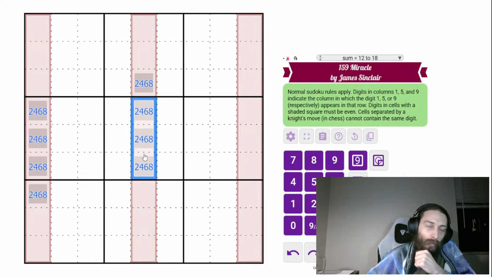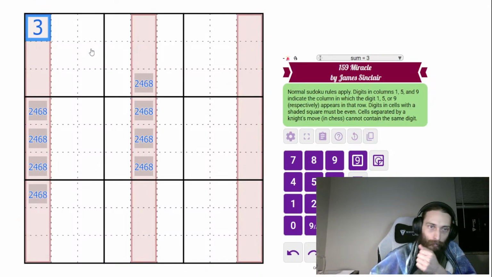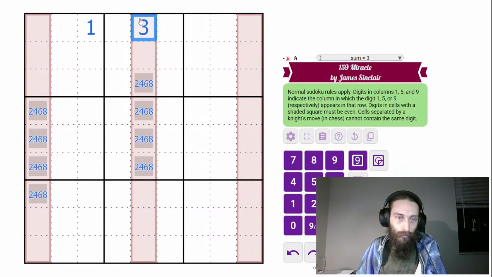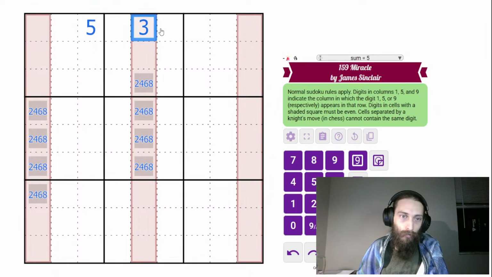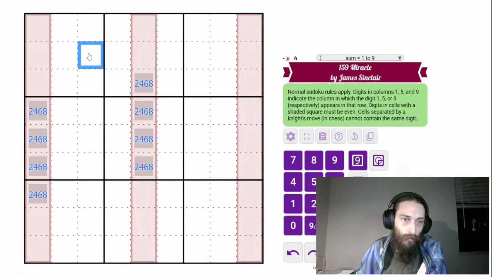Well, one of the things that I know about the 159s, which I guess if I place a 3 here, I would place a 1 here. If I move that 3 over to this column, that would place a 5. And if I move this 3 over here to column 9, it places it in the third position of the row.